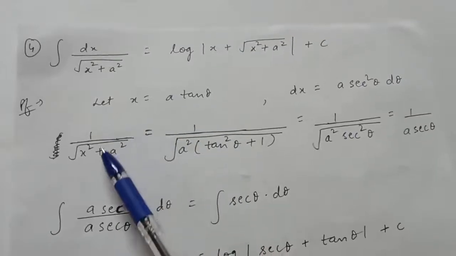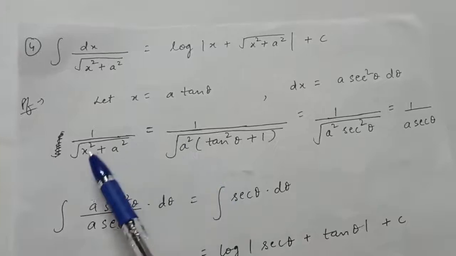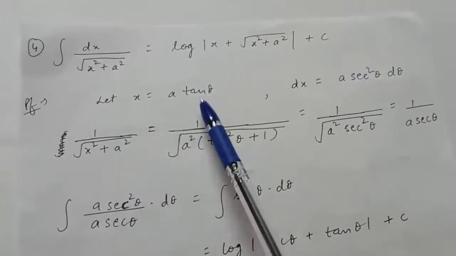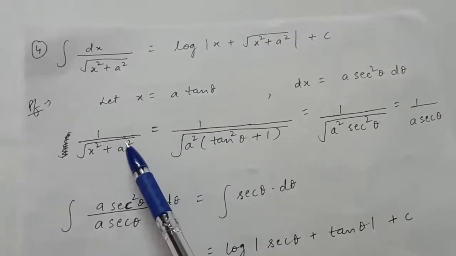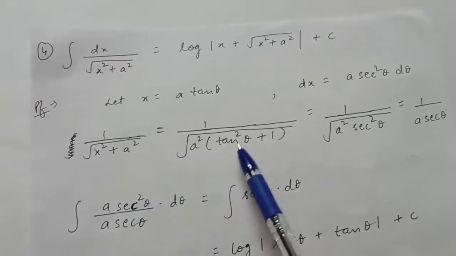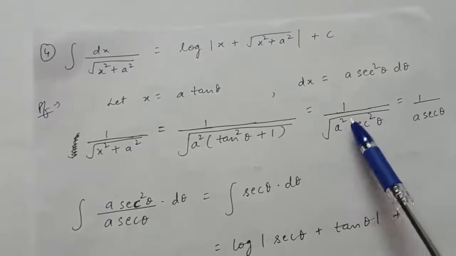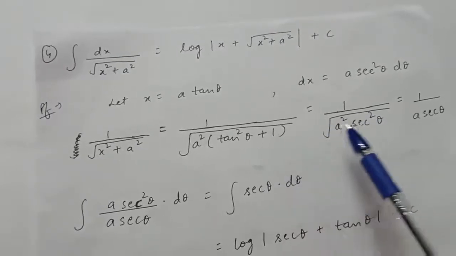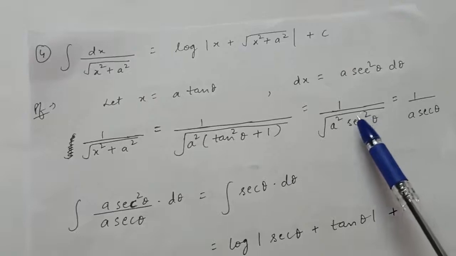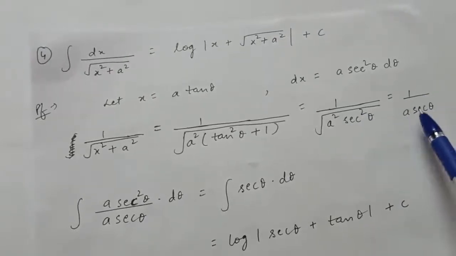Now this 1 upon root x square plus a square will become 1 upon root, this x will be a square tan square theta, and a square also exists in this term. Therefore taking a square common, you will get tan square theta plus 1. This will be 1 upon root a square, and this is secant square theta. Now cancel the root, you will get 1 upon a secant theta.